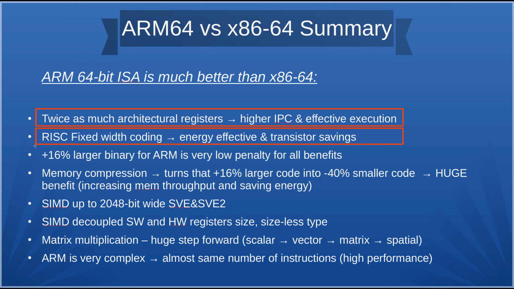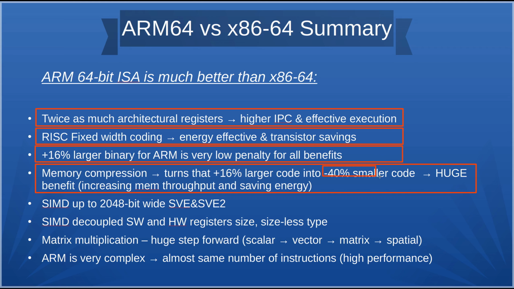We found there is a 16% larger binary for ARM. This is kind of a penalty. But Apple again has memory compression, which turns that small 16% disadvantage into a huge benefit.